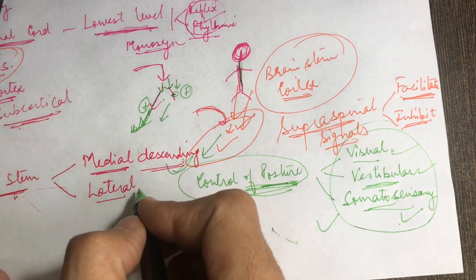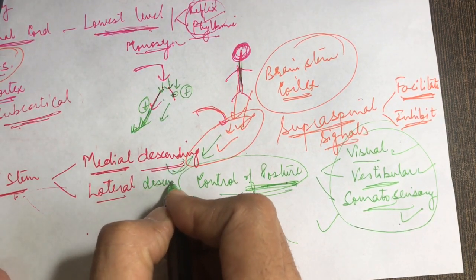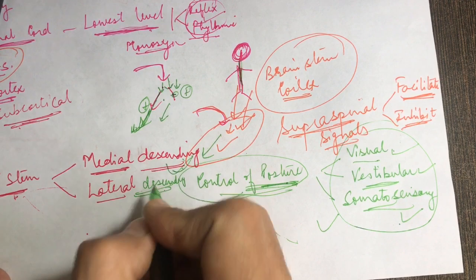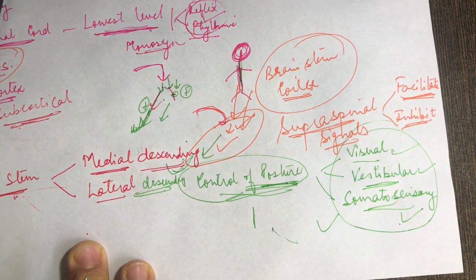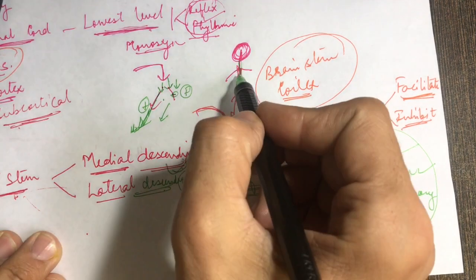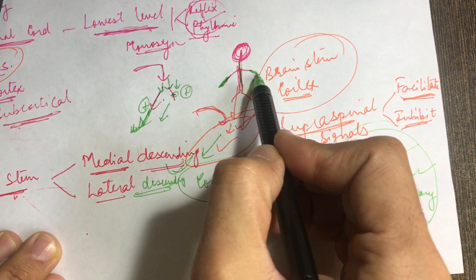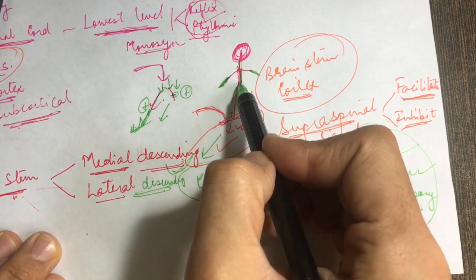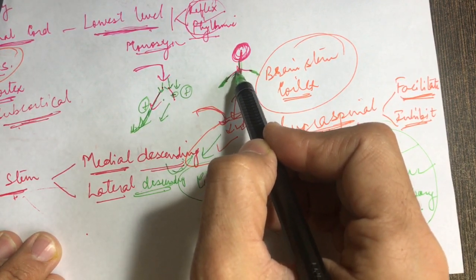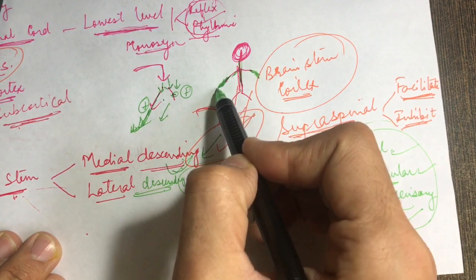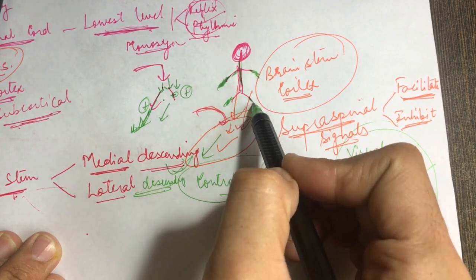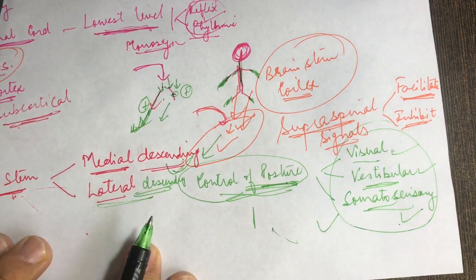Now the lateral descending pathway, what will it do? It controls more distal muscles. Medial controls axial and a few of the proximal muscles, and the distal muscles are controlled mainly by the lateral descending pathway.